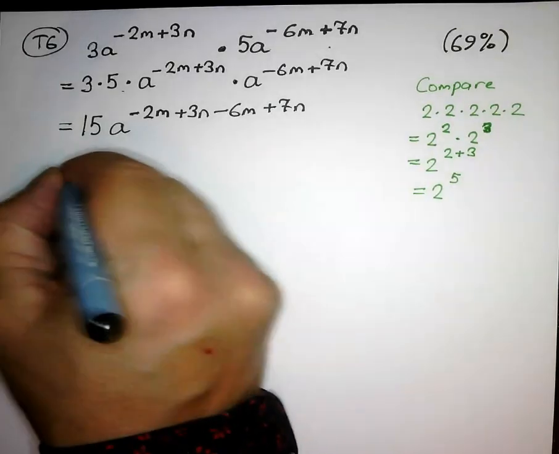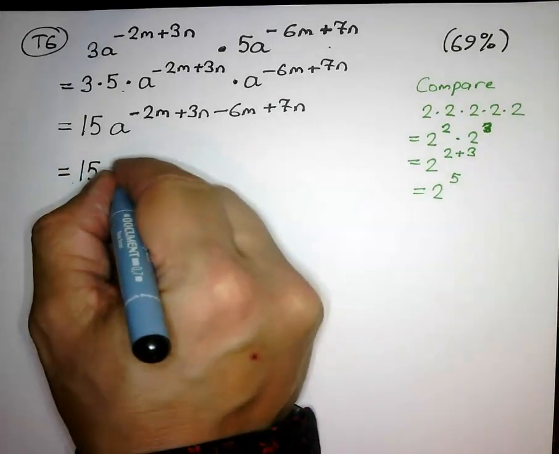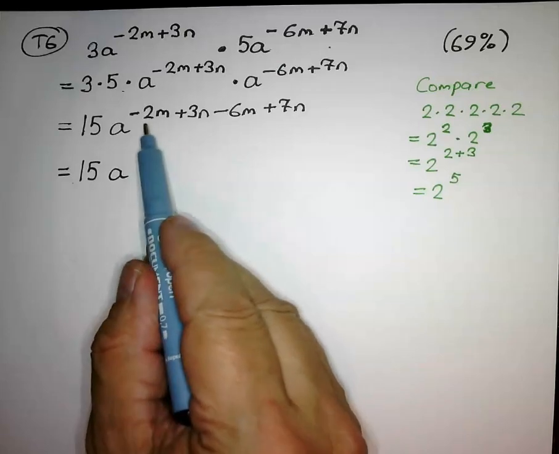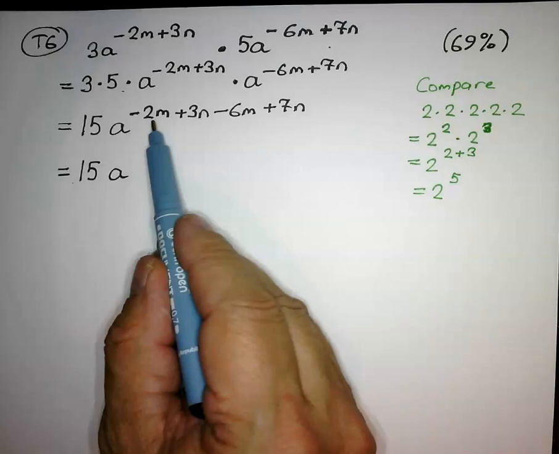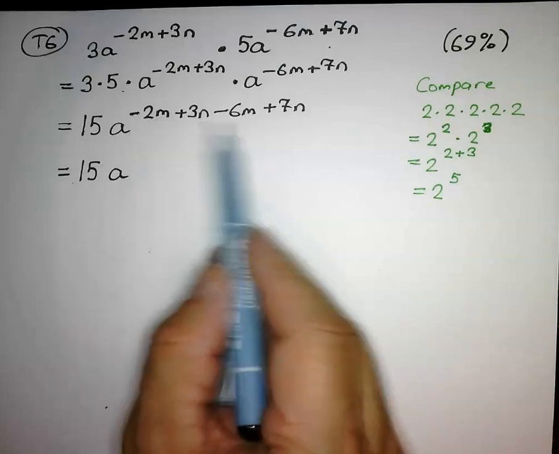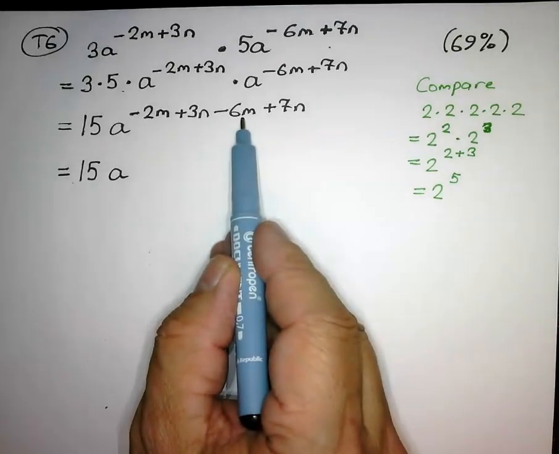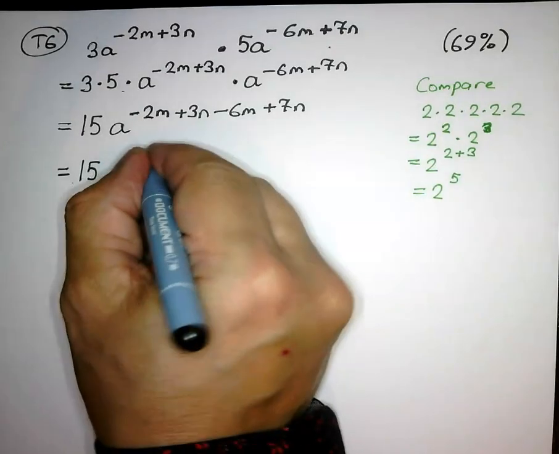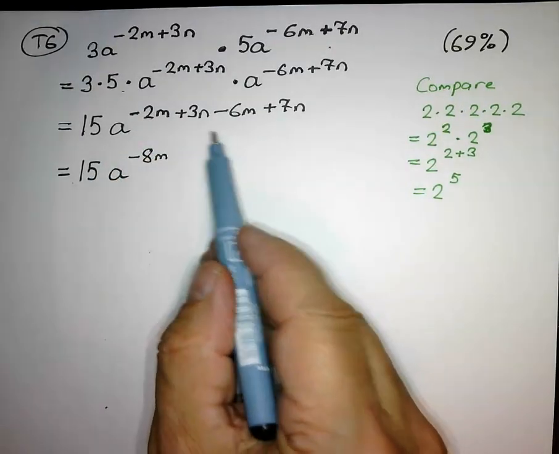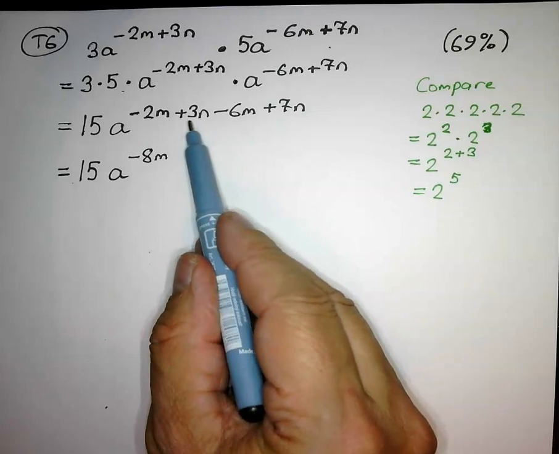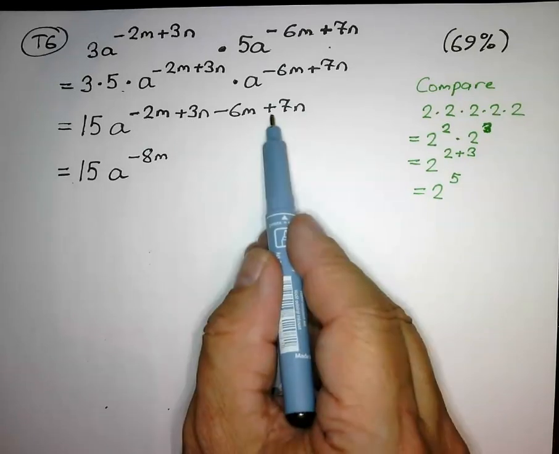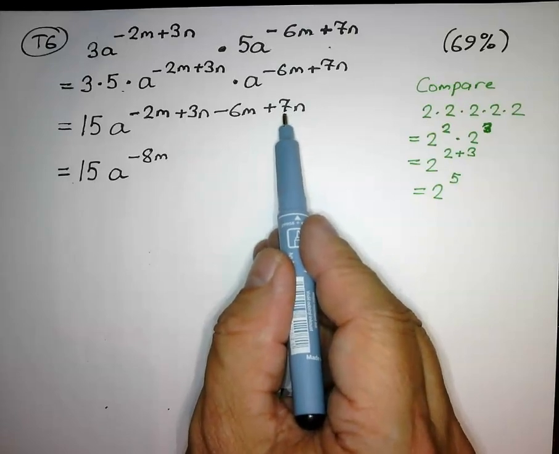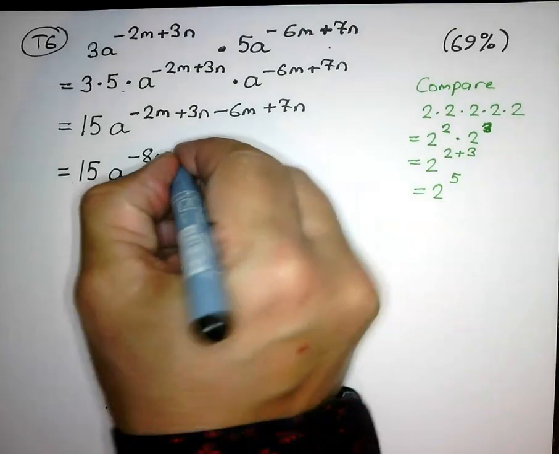After this we have 15a, and the exponent for a is, in the m part, minus 2 and minus 6, that is minus 8m, and then in the n part, plus 3 and plus 7, it is plus 10, so it is plus 10n.